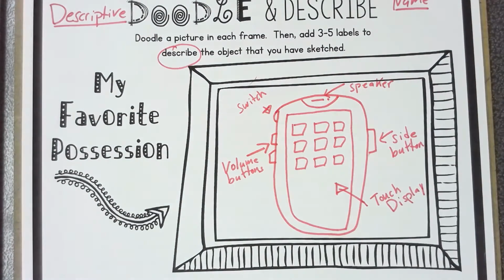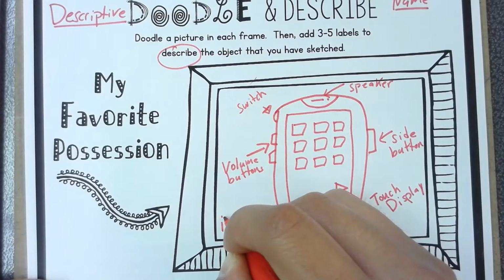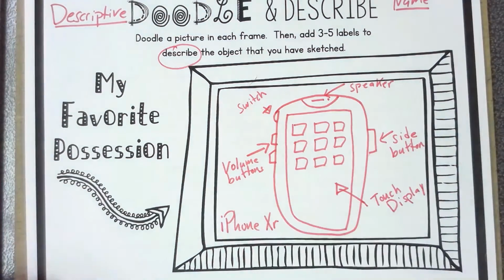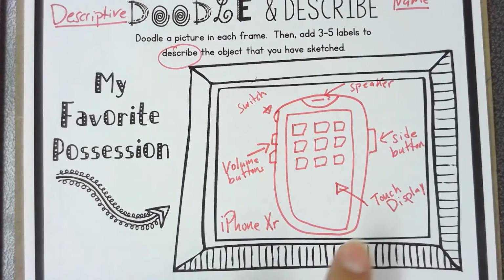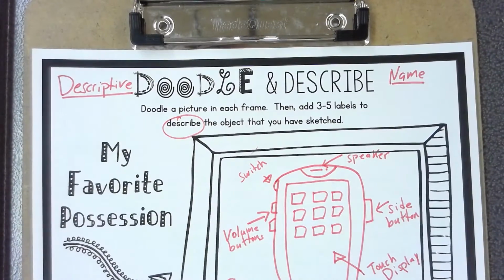So that would be my iPhone XR. So please make sure that you have your own favorite possession illustrated and then labeled with its parts. That's a text feature, and the purpose of this is to describe the object.